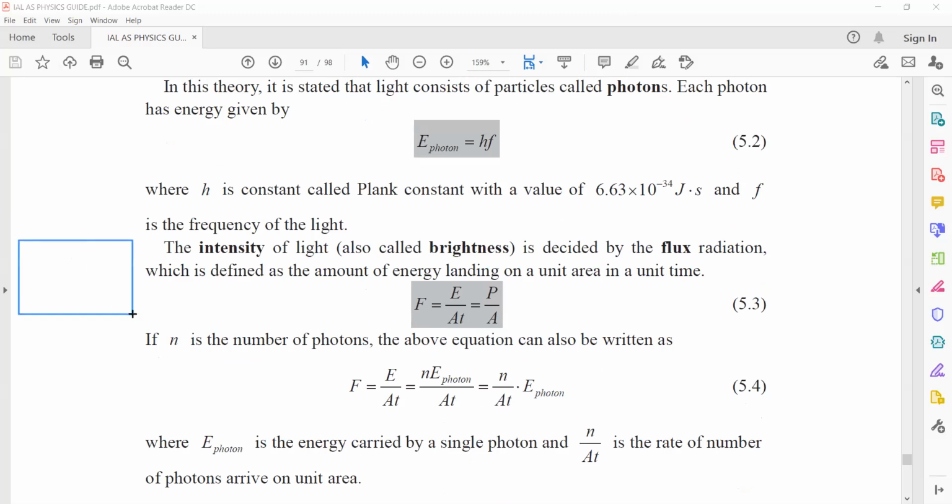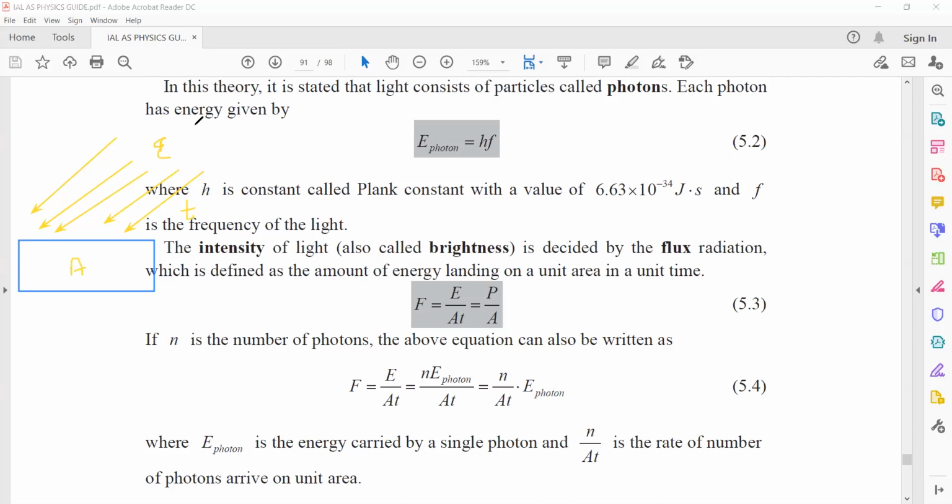So if you have a specific surface, the light falls on this surface, where E is the energy which is coming on a specific area in a specific time.